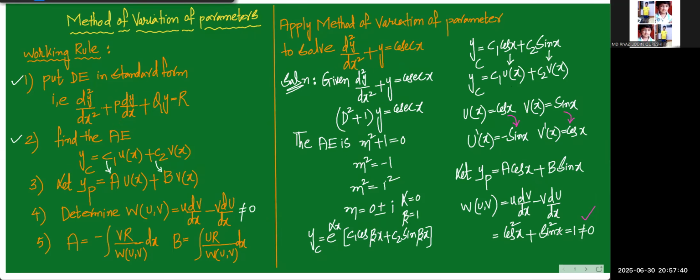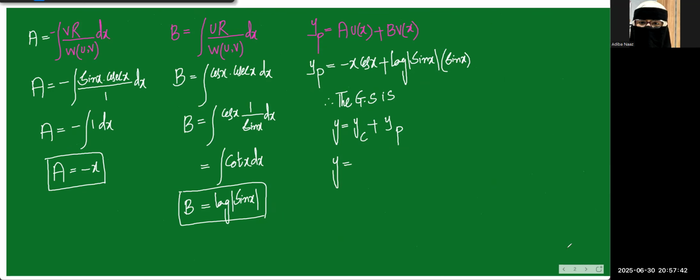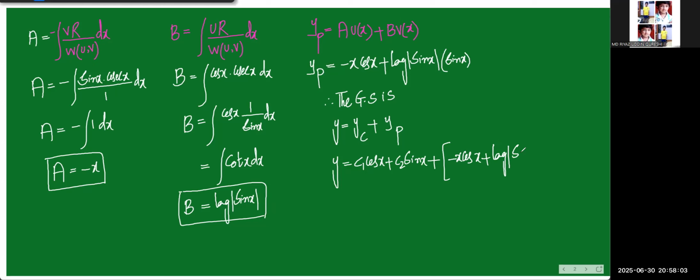We got it as c1 cos x plus c2 sin x. This is your complementary function plus the yp value, which is minus x cos x. Here in this step we need not simplify further. We shall just plug in the values and that's it.